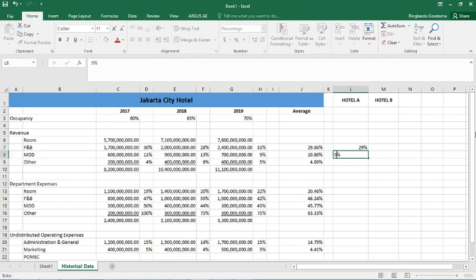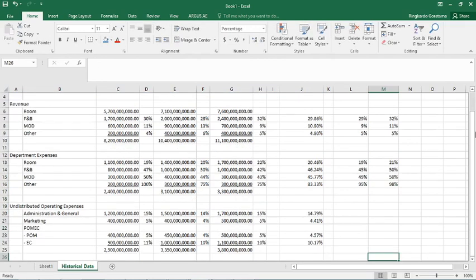For example, this one 9 and this 5. For Hotel B is 32, 11, and 5. This is for example. And also for the expense is 15%, 45%, let's say it's 49%. This is 95%. For Hotel B is 21. Oh, this is 50-50, and this is 98.